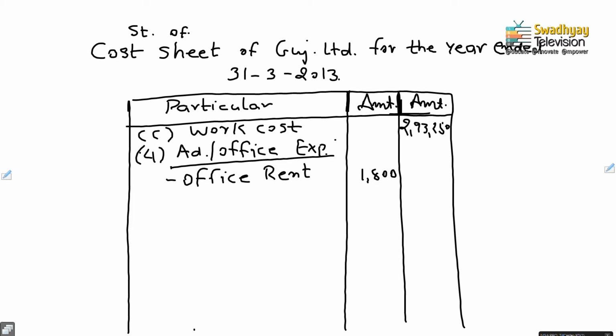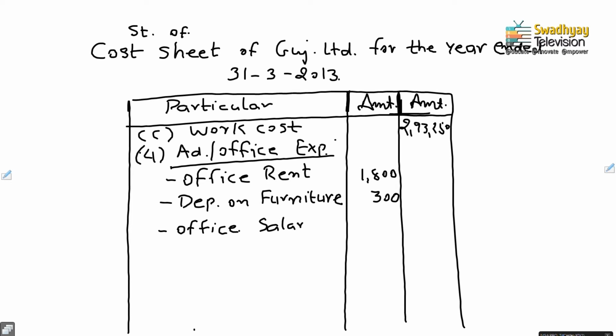Now the next item is depreciation on furniture, 300 rupees. Generally furniture is used in the office, so that is why the depreciation on furniture is recorded under the office expenses. Then the office salary, which is clearly mentioned, the salary of the employees who are working in the office.